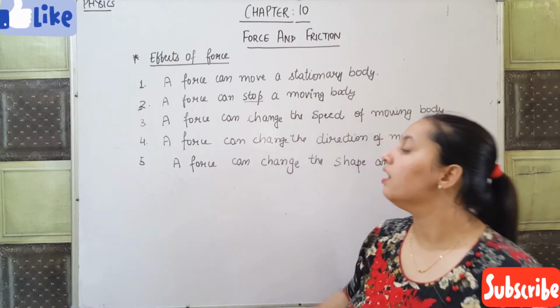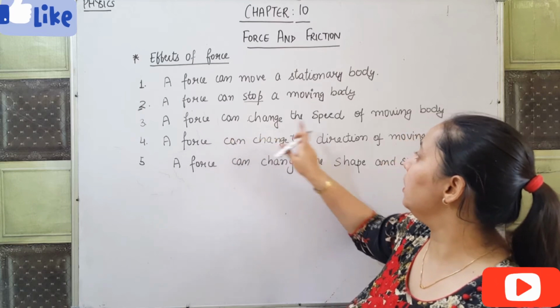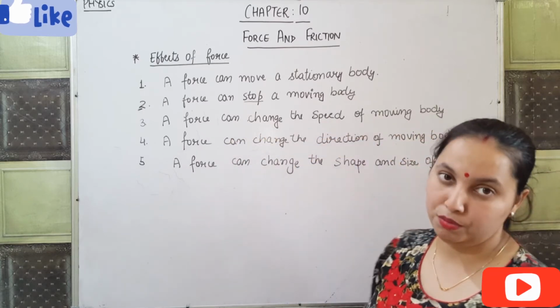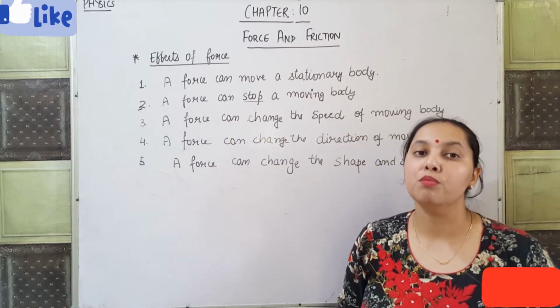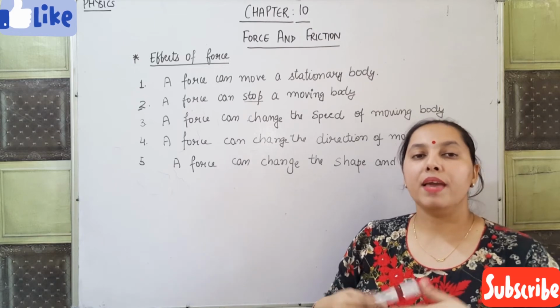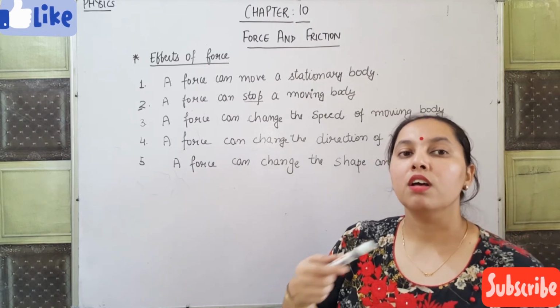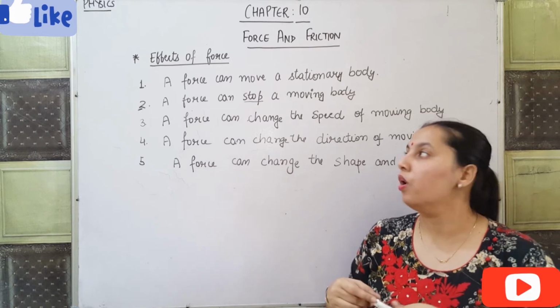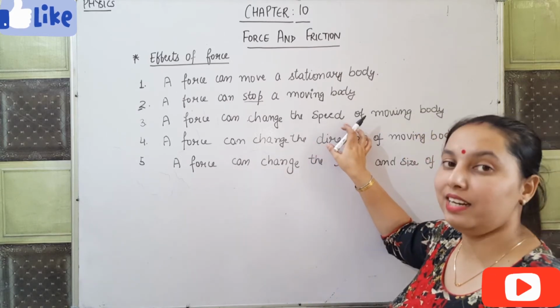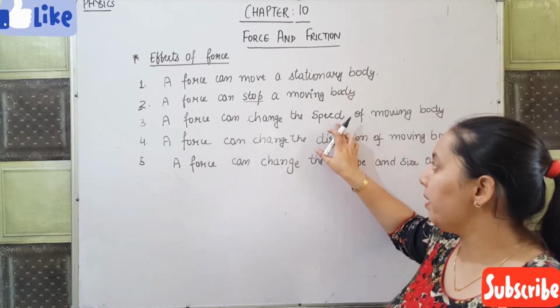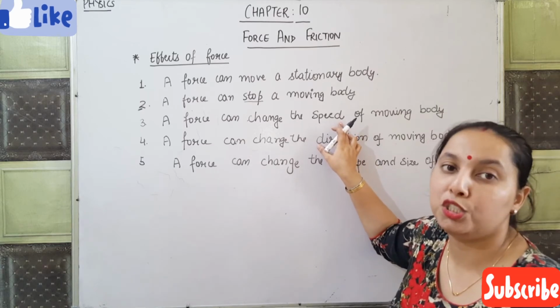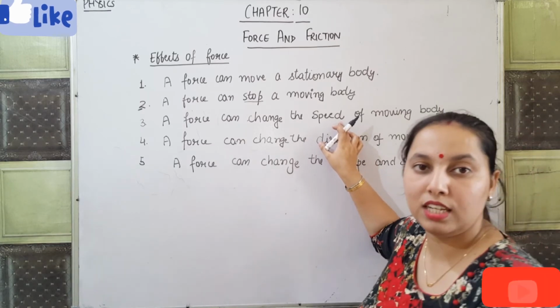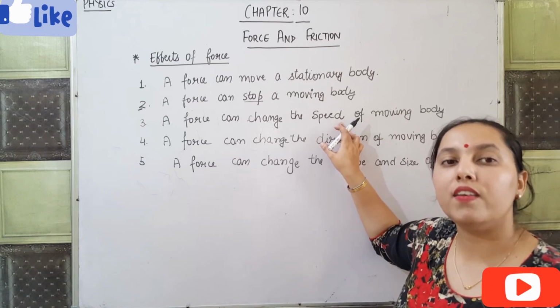The next is, a force can change the speed of a moving body. If a body is already moving, we can make it faster, we can make it slower. Here, change of speed doesn't mean increasing only. It means we may increase the speed or we may decrease the speed.